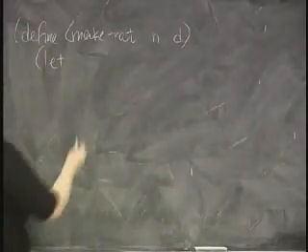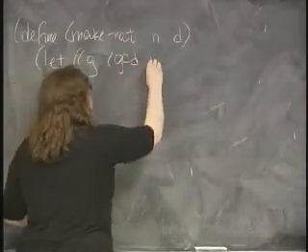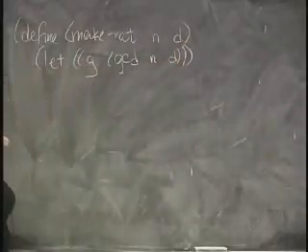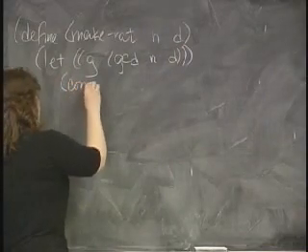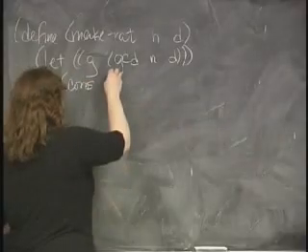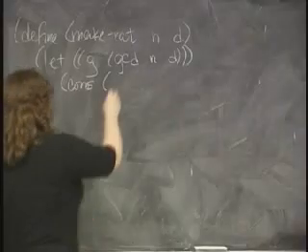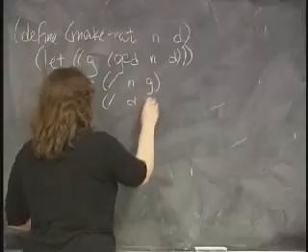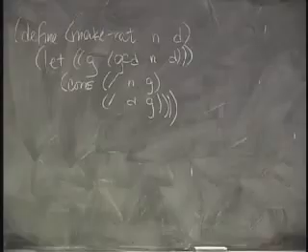I'm going to let G be the greatest common divisor of N and D. Then I'm going to cons N divided by G, D divided by G. Now we have a smart make-rat. It's going to reduce our fractions for us.